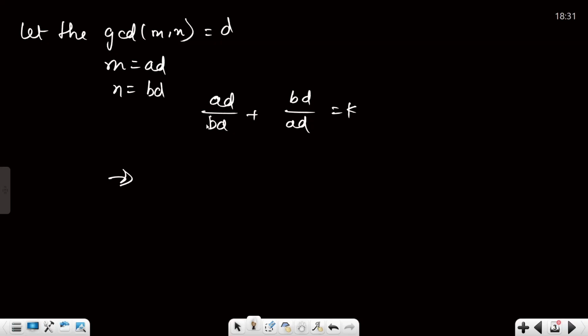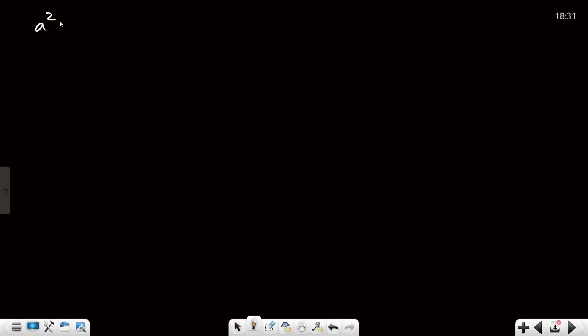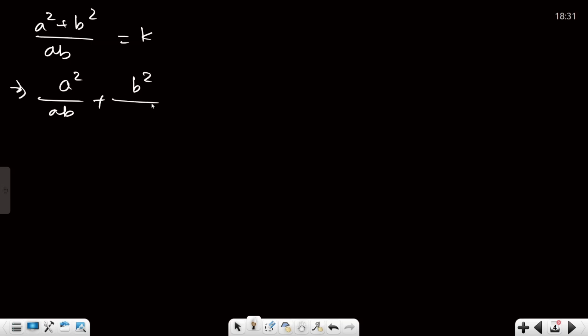So we can cancel these, and we'll be left with this. Now I'll be taking the LCM and writing it like this. So you can write it like a squared plus b squared over ab is equal to k.